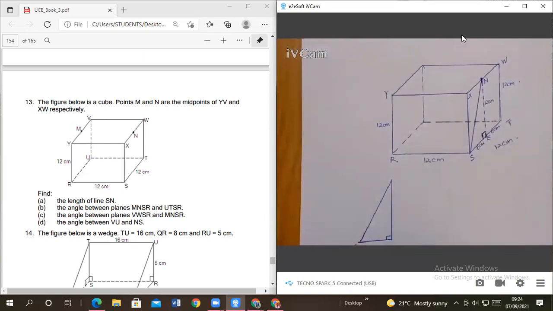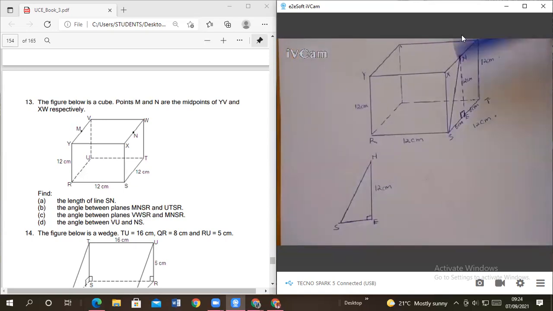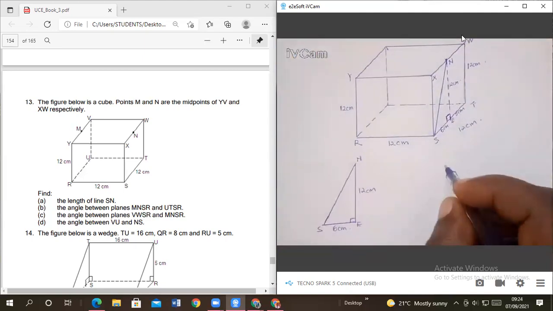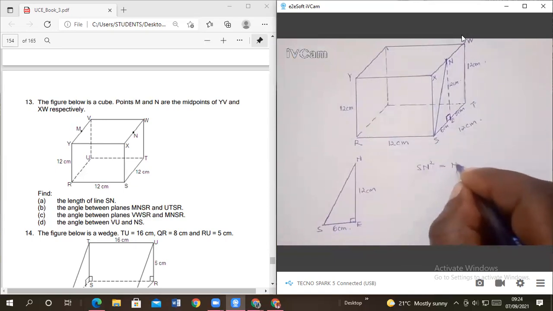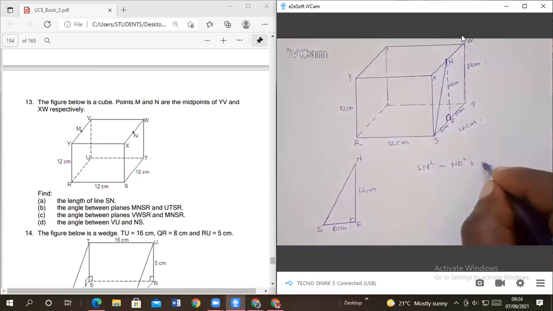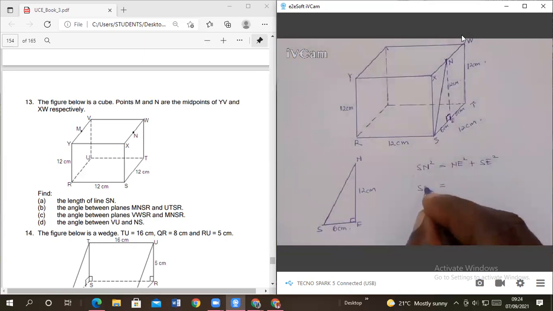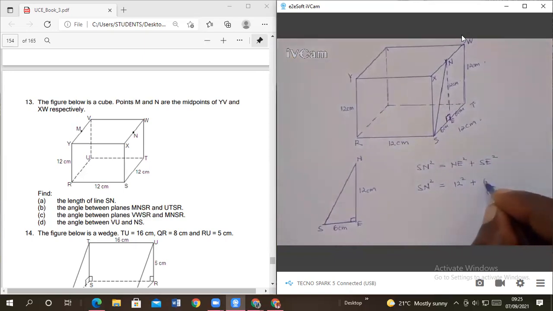So this is S and this is N. This is point E. So this is 12 centimeters, and this is 6 centimeters. So using Pythagoras theorem, I will say SN squared equals NE squared plus SE squared. So SN squared equals 12 squared plus 6 squared.